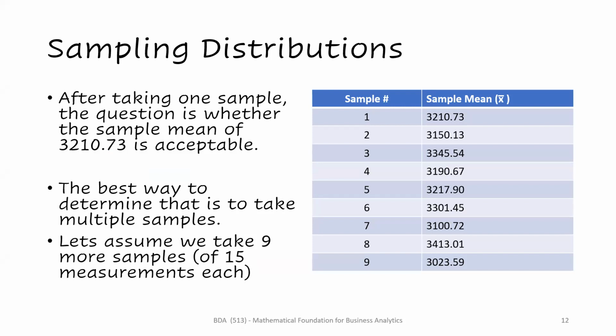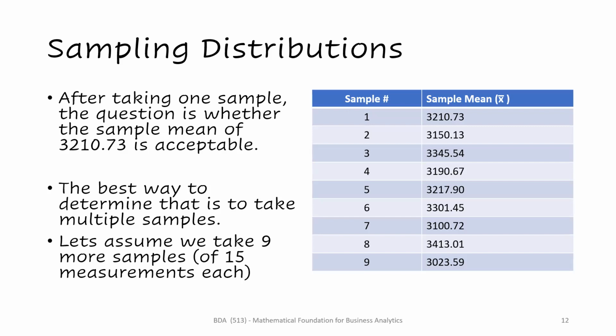Let's say we take a second sample comprising 15 measurements. That also gives us a sample mean of 3,150.13. We take a third sample also comprising 15 measurements, and the sample mean is 3,345.54, sorry. Up to the ninth sample, which gives us a sample mean of 3,023.5.